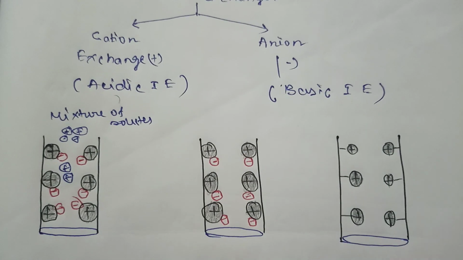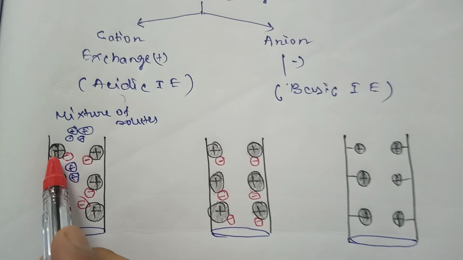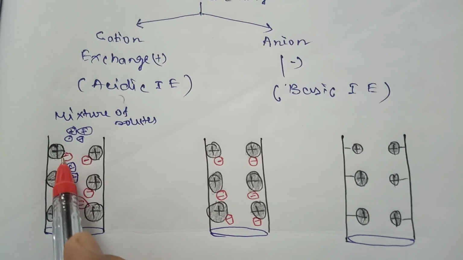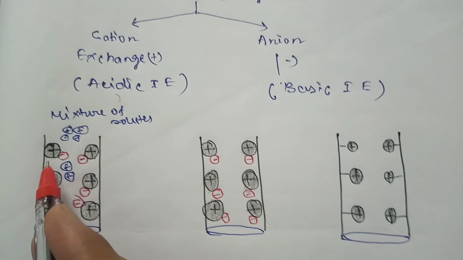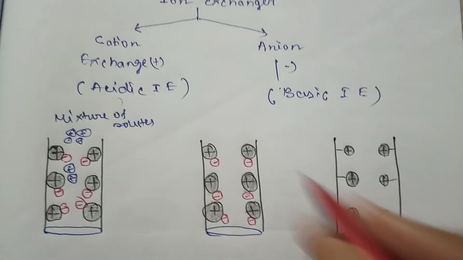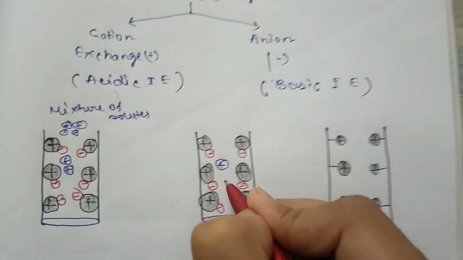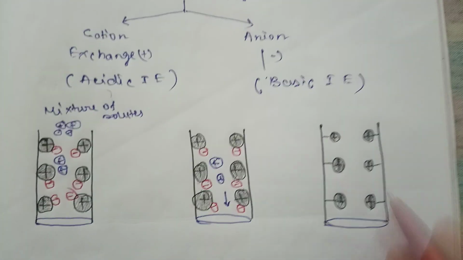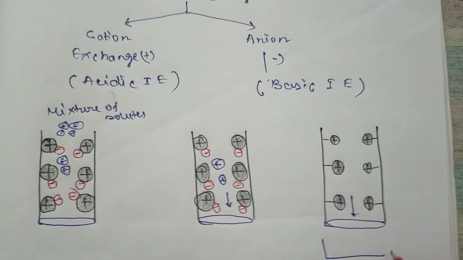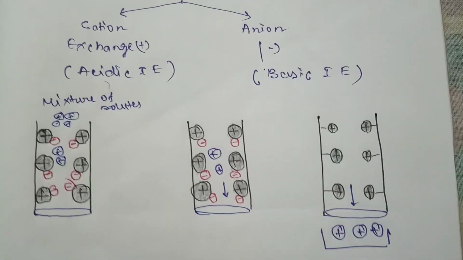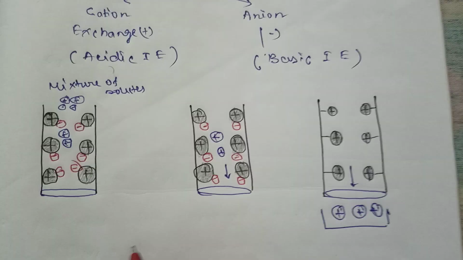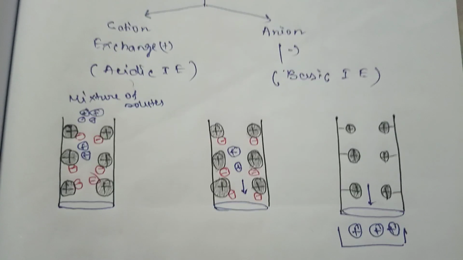Similarly for the cation exchanger, this plus will be minus and it will attract the plus. That would be a cation exchanger, right? So eventually we can get the positives. That's why this is an example of an anion exchanger.